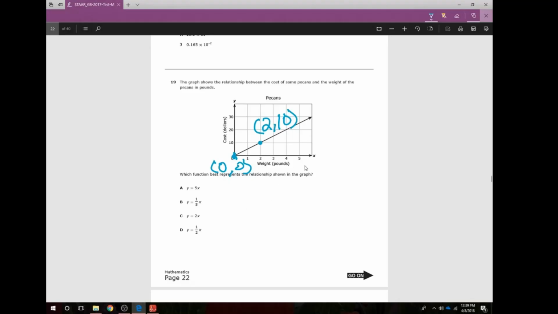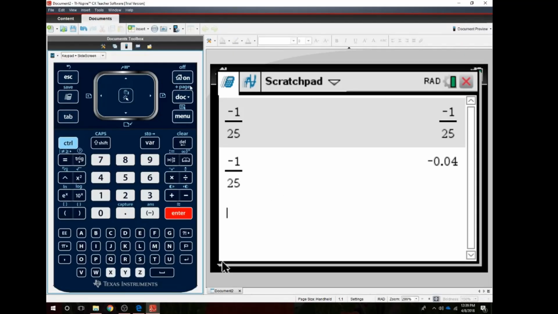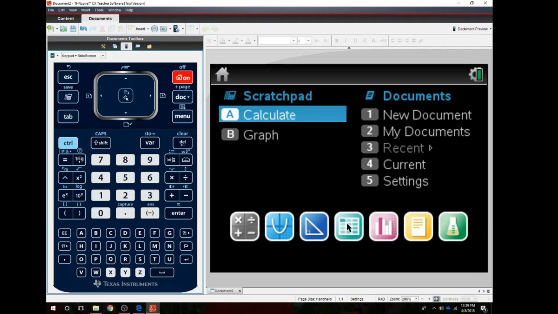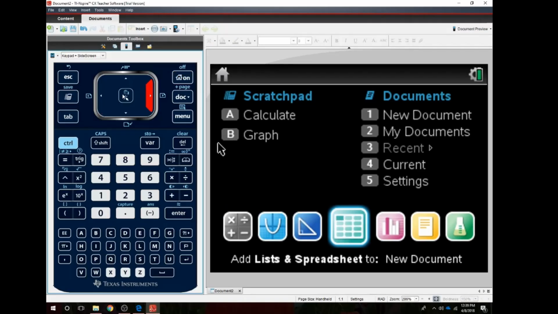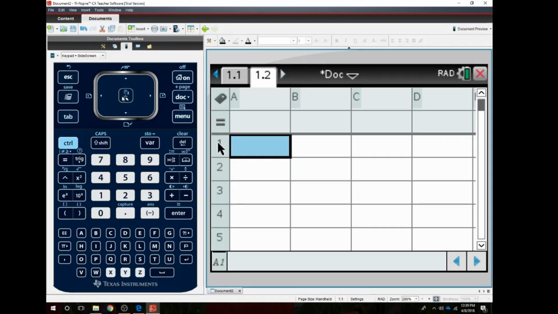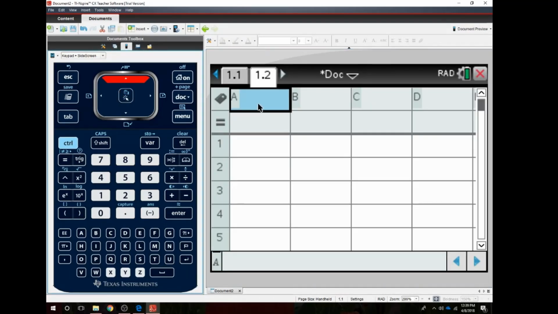So I go over to my calculator, go home, I arrow down to lists and spreadsheets. I go up here. Next to A, I press X. Next to B, I press Y. Now if you remember, this is our data from last one. We have to get rid of this.